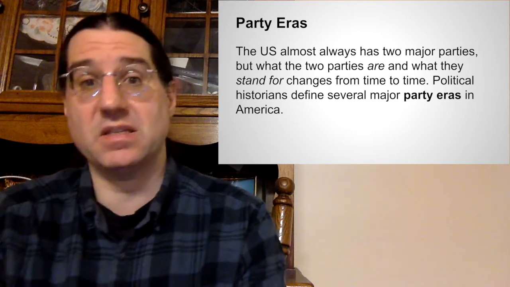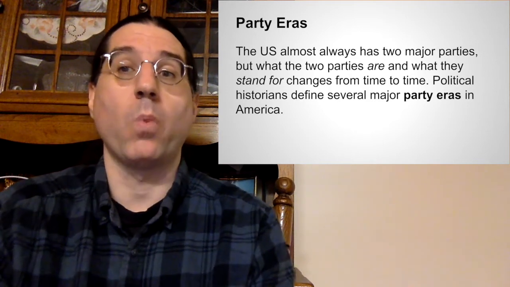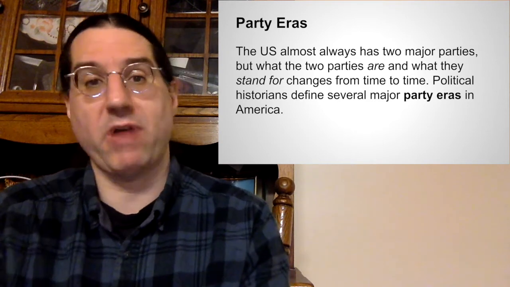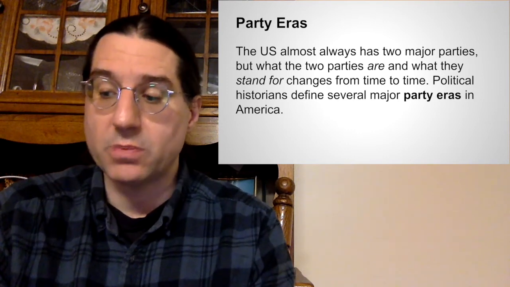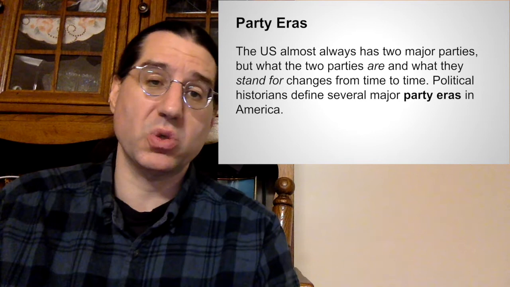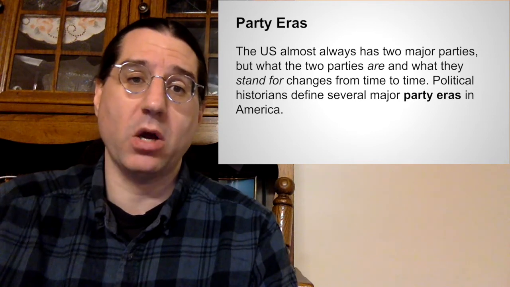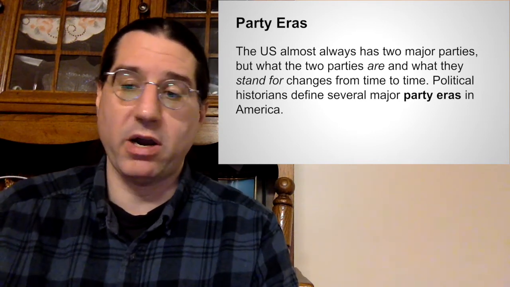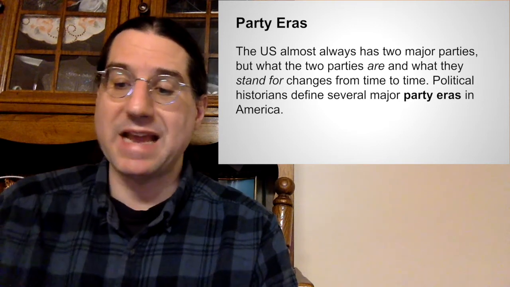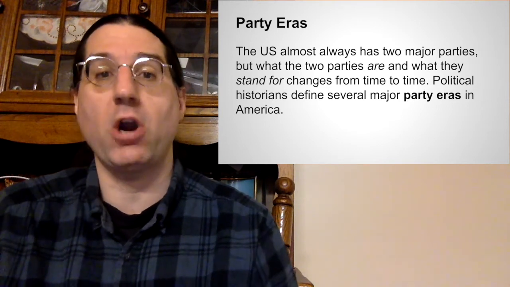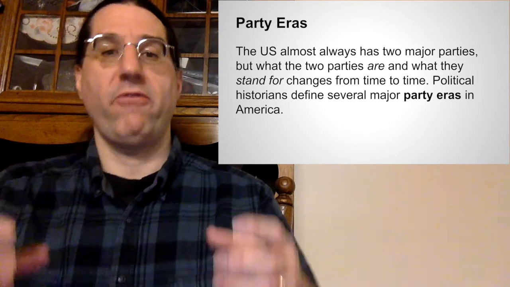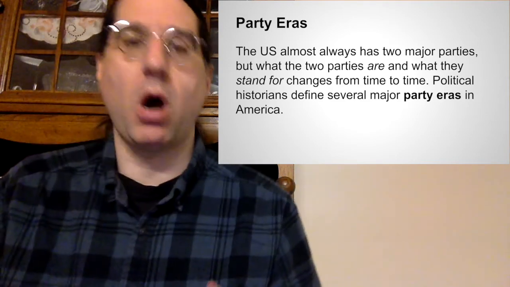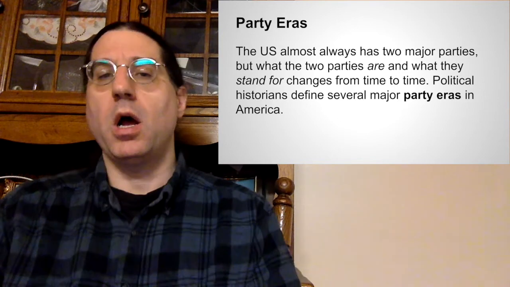And even since the Civil War, what the Republicans and what the Democrats have stood for has not always been exactly the same. So political historians look back on America, and they identify several different party eras, periods of time where two fairly stable parties are competing with each other.